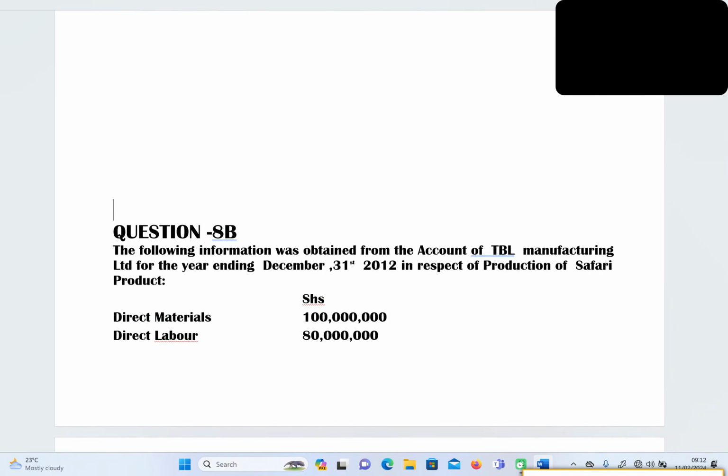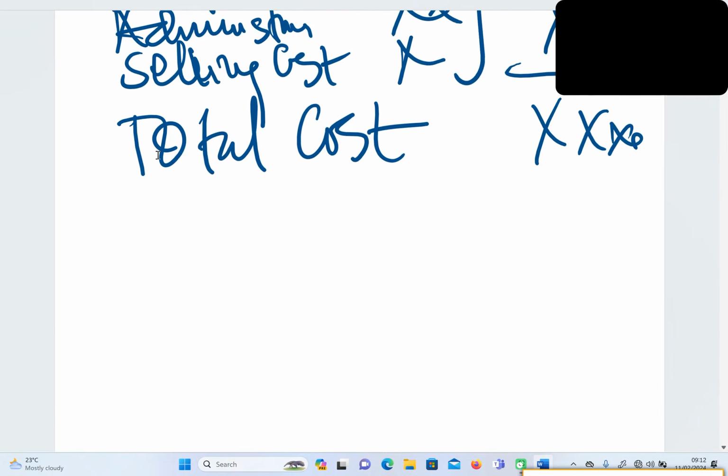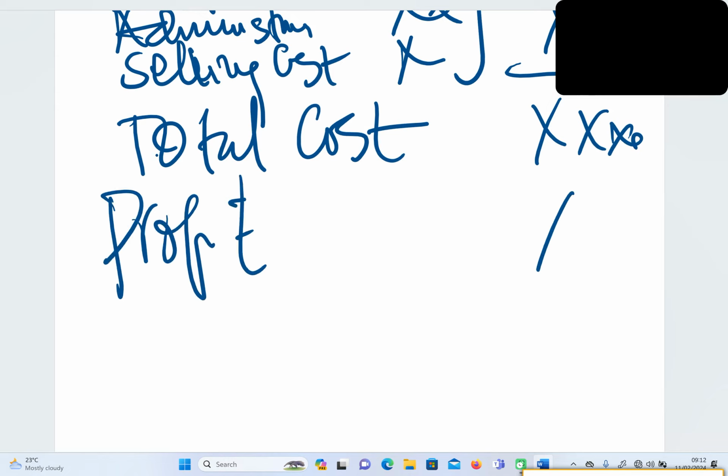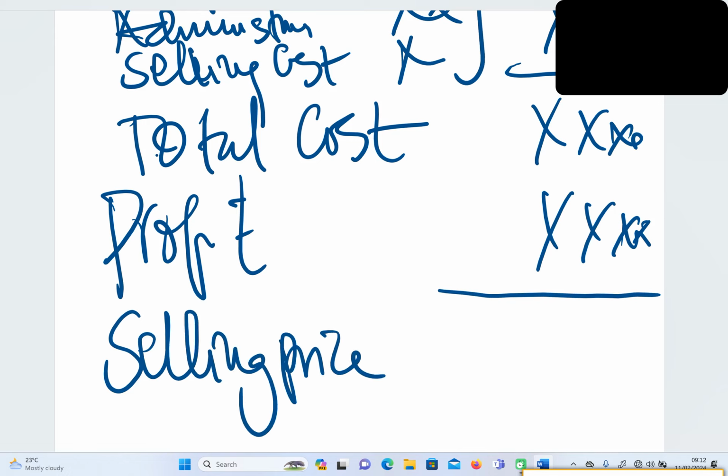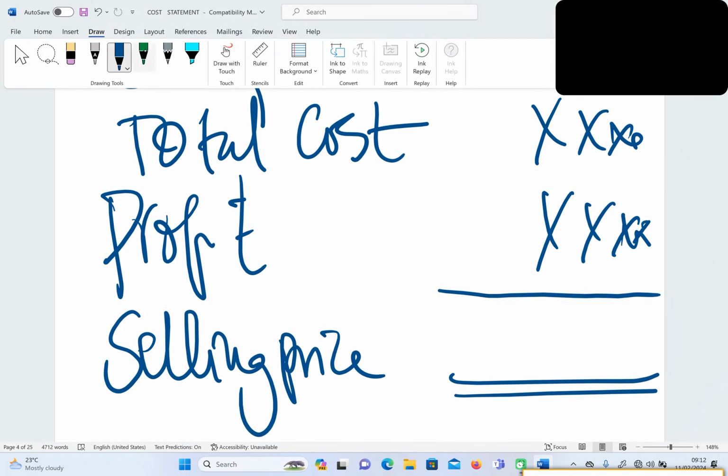You get there. So lastly, you add the profit. When you add the profit, it's easy to have the selling price, which is the quotation. Selling price is here, at the end.